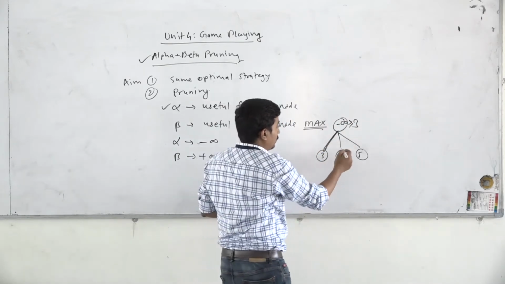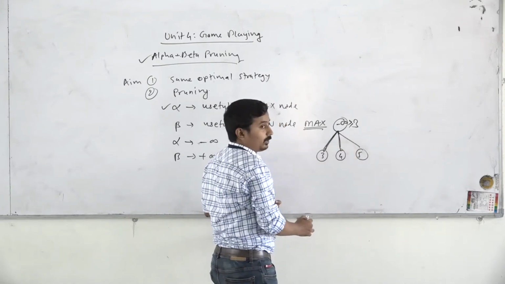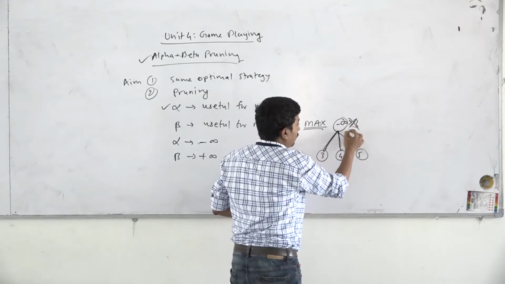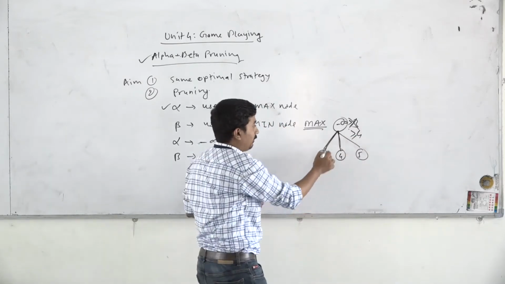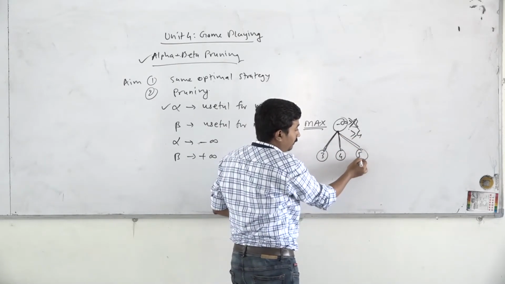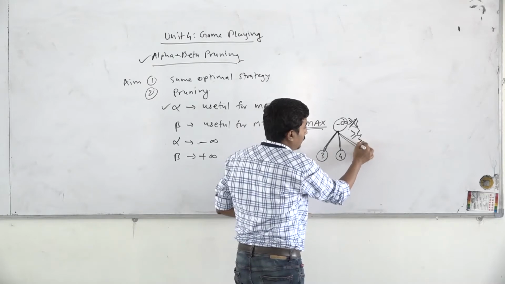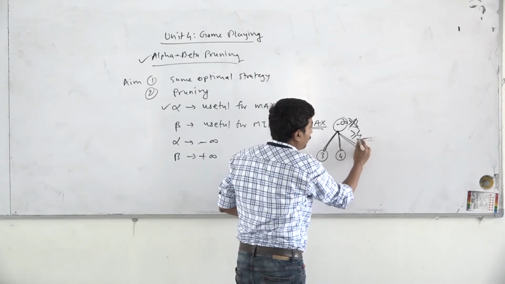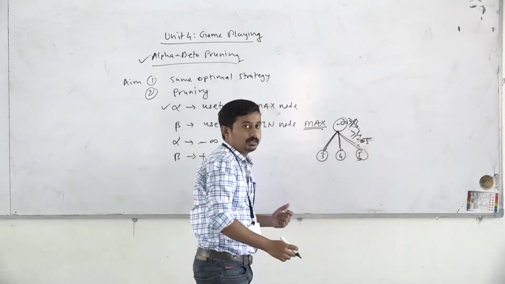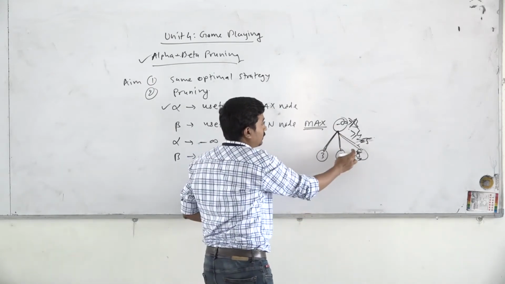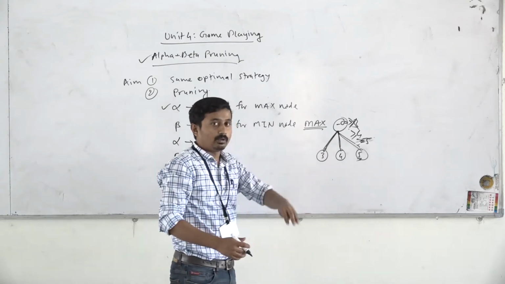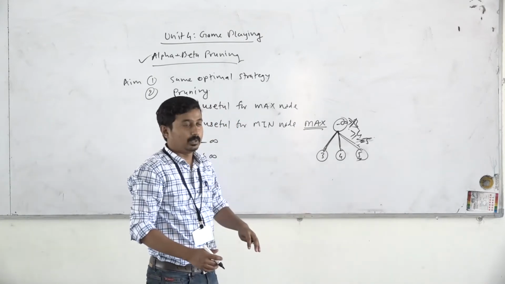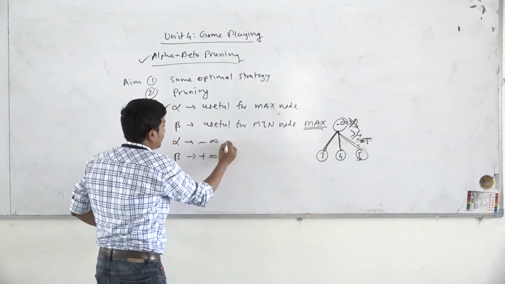Then we visit this node, and now it is getting 4. It is expecting a value higher than 4. Then we visit this branch, and now we get 5. So it becomes equal to 5 because we have visited all the branches. The max value of this max node became 5. That's why we have to set the minimum value possible, and that's why we initialize it as minus infinity.